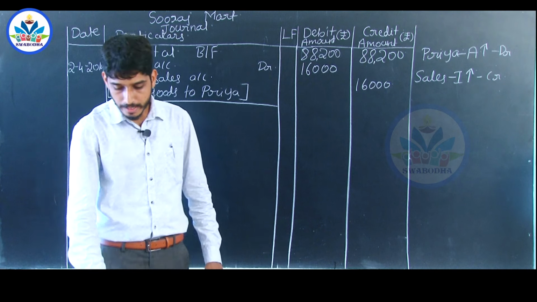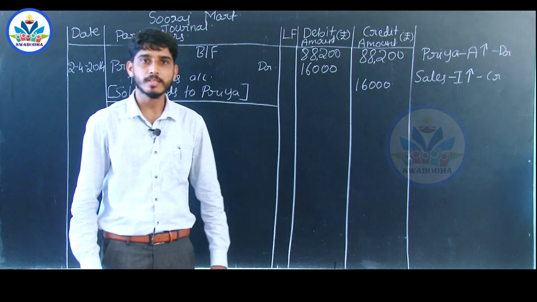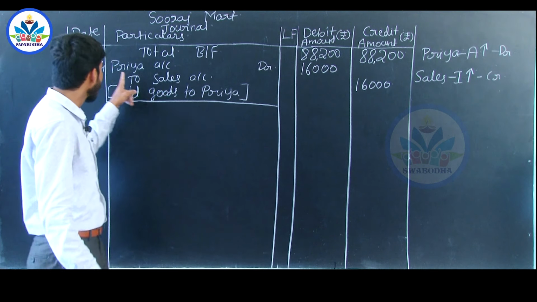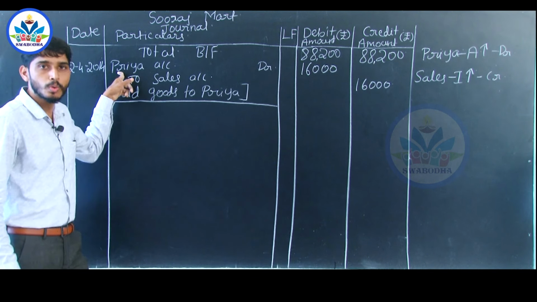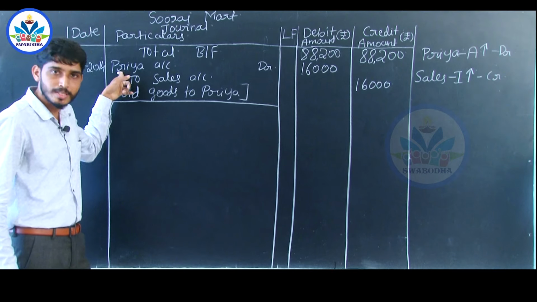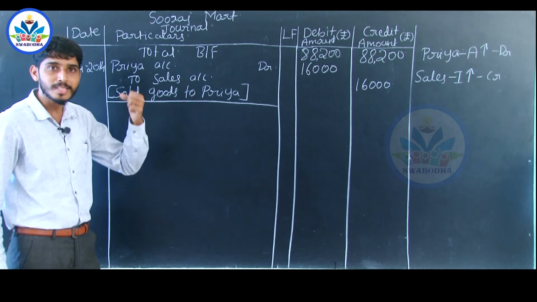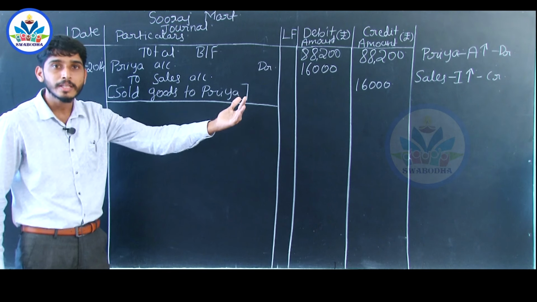3/4/2014, received a check of rupees 16,000 from Priya. In the previous transaction, we have sold goods to Priya worth rupees 16,000 on credit basis. That means we have not received the amount. We will receive it in the near future.